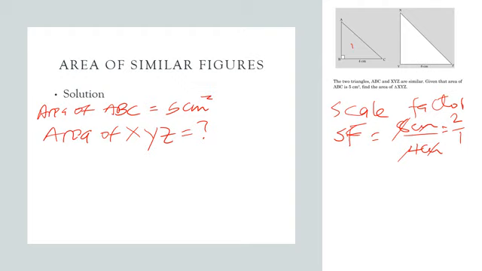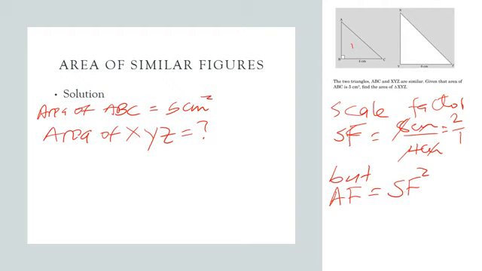From here we can find our area factor. Because now we want to find the area, we need to be thinking of area factor. We can say that area factor will be equal to scale factor squared.